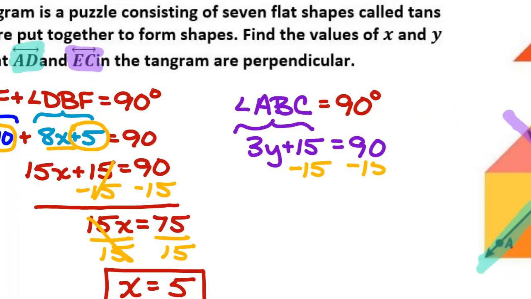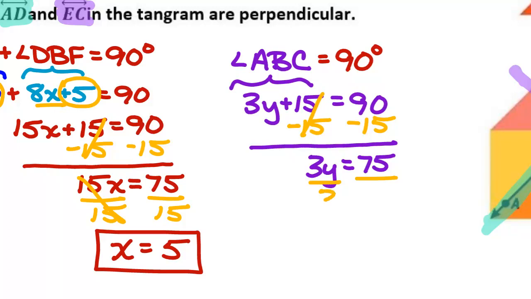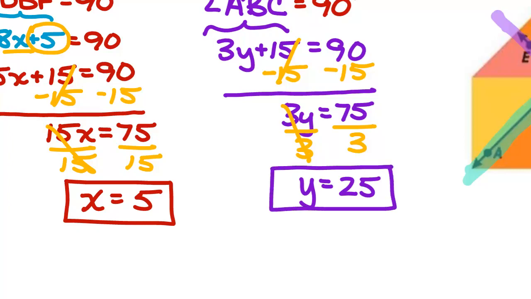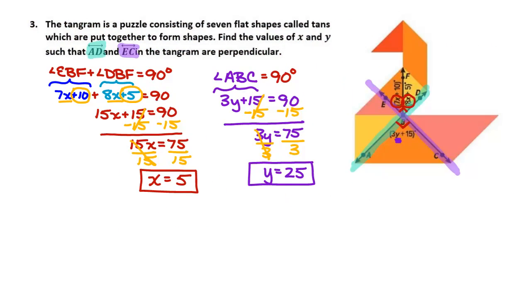We solve this for y by minusing 15 from both sides like we did in our other problem. So I get 3y equals 75. And then I divide both sides by 3. What is 75 divided by 3? 25. Nicely done.